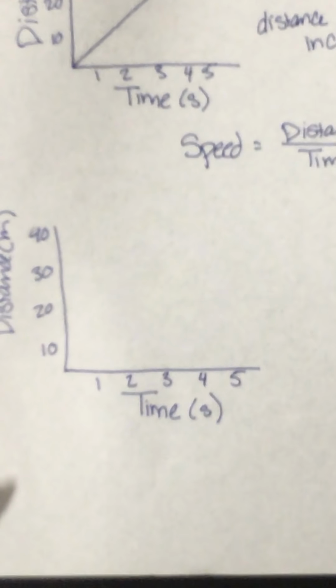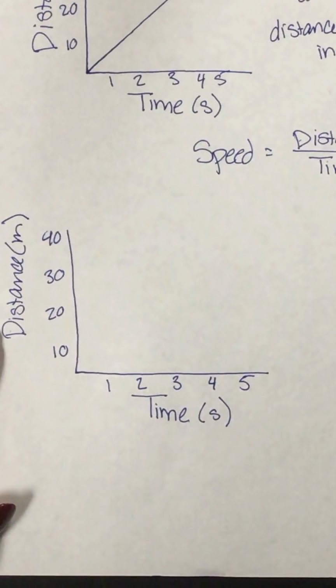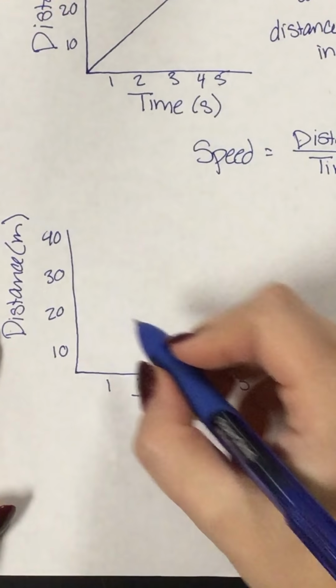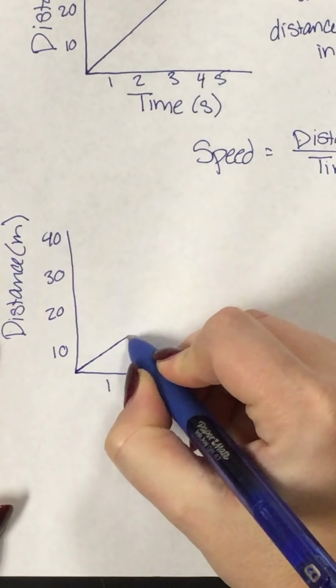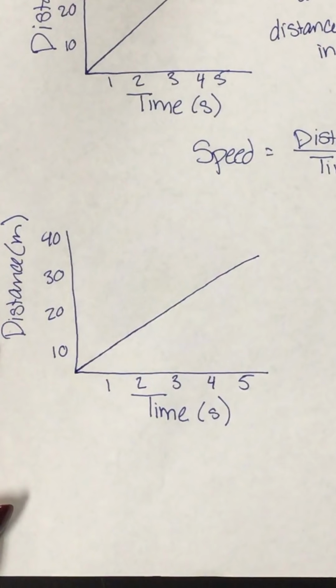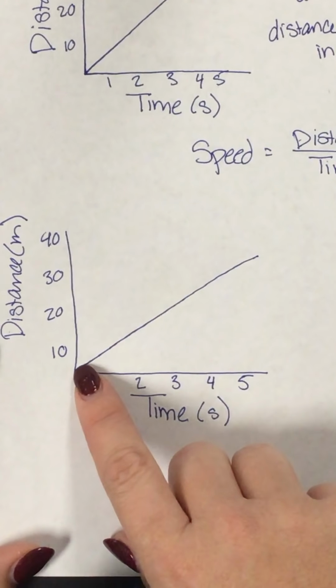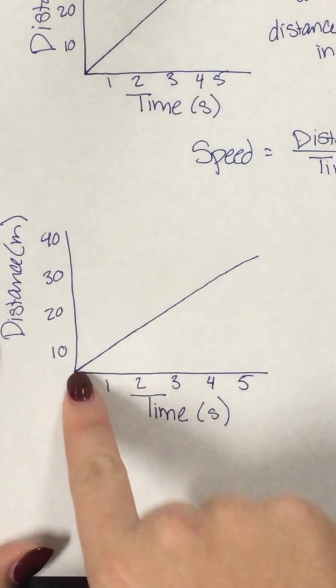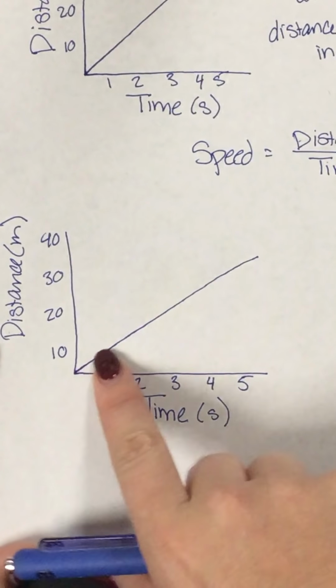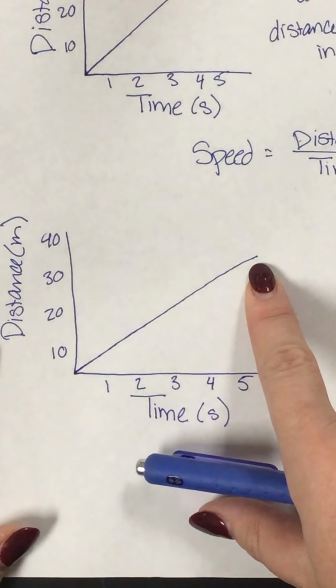We're going to do two different objects on this one, and I'm going to represent the first one with a solid straight line, similar to our last graph. Remember, if we have a straight line, the distance is increasing as time is increasing, so this object's moving at a constant speed.